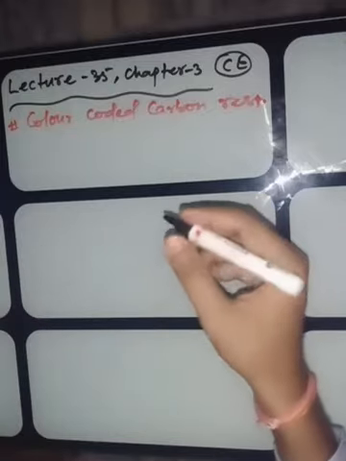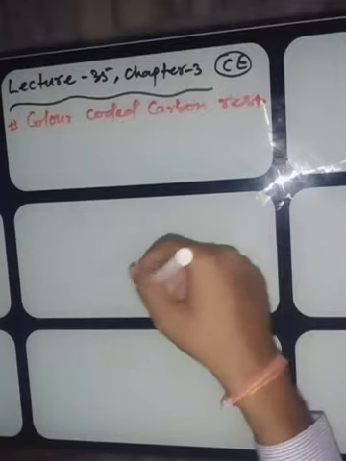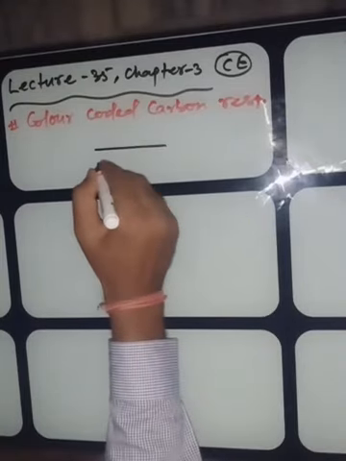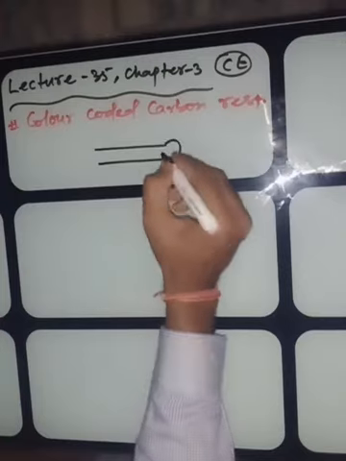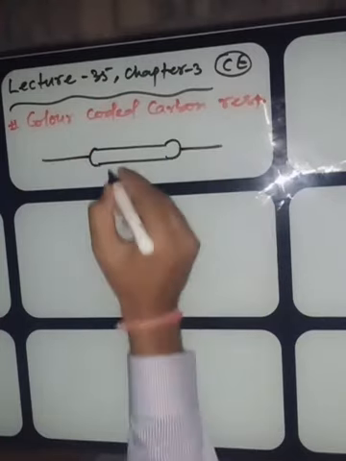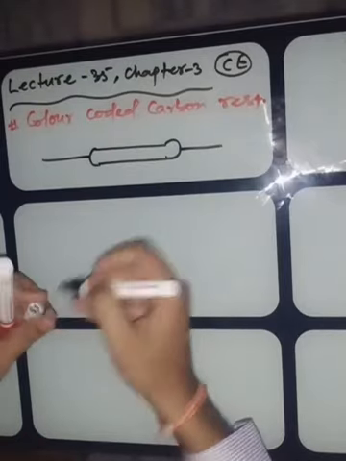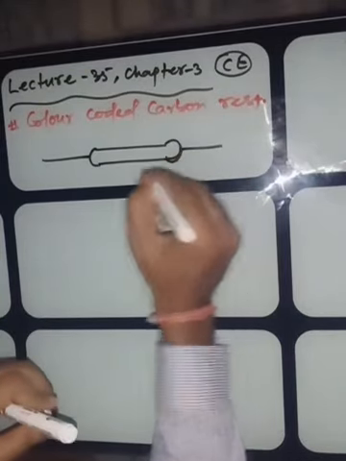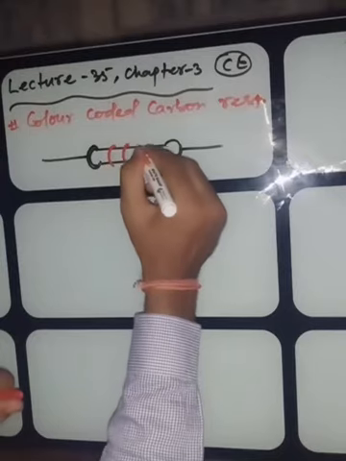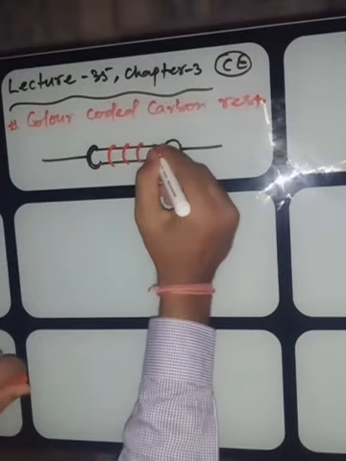It is given over the resistor. Suppose it is the structure of a resistor, the two terminals, and four rings are designed: 1, 2, 3 and 4.